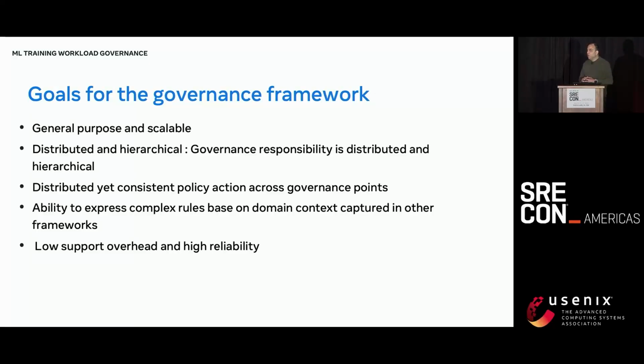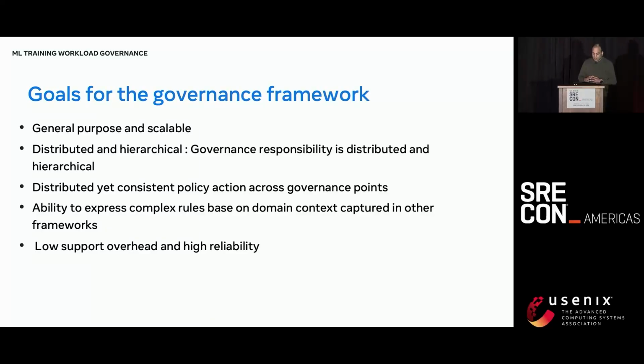Meta is a big organization, and there are layers of hierarchy, and at each scope, there are certain rules to be followed. And each scope has contextual knowledge, has its own goals. So we want to enable these folks to independently move towards their governance needs. Also, there are multiple domains of governance. So the solution needs to be able to handle governance in a distributed way.